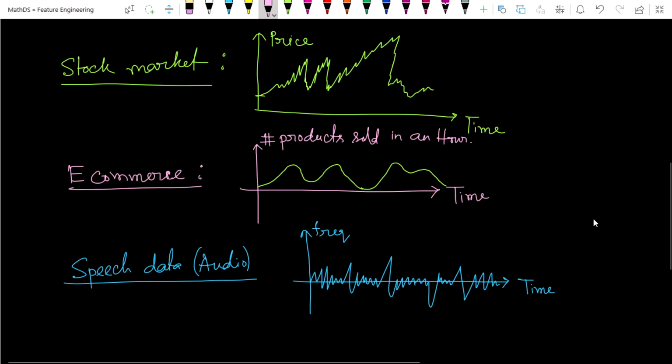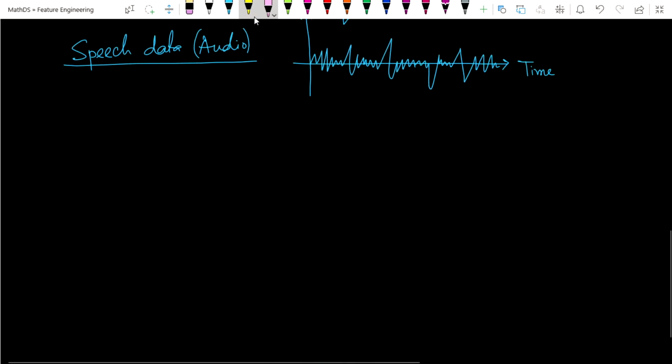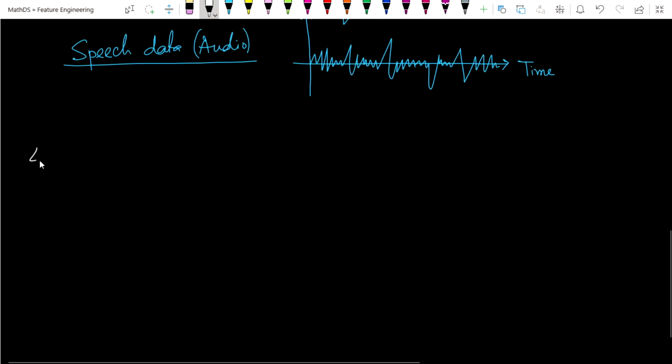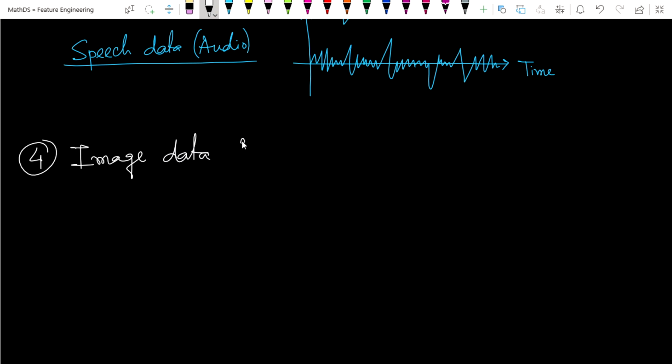And now in this deep learning world, the most popular data is image data, or video data. The actual use of image data is in face detection or face recognition: whether an image has a face or not, and if it has a face, which face it is.